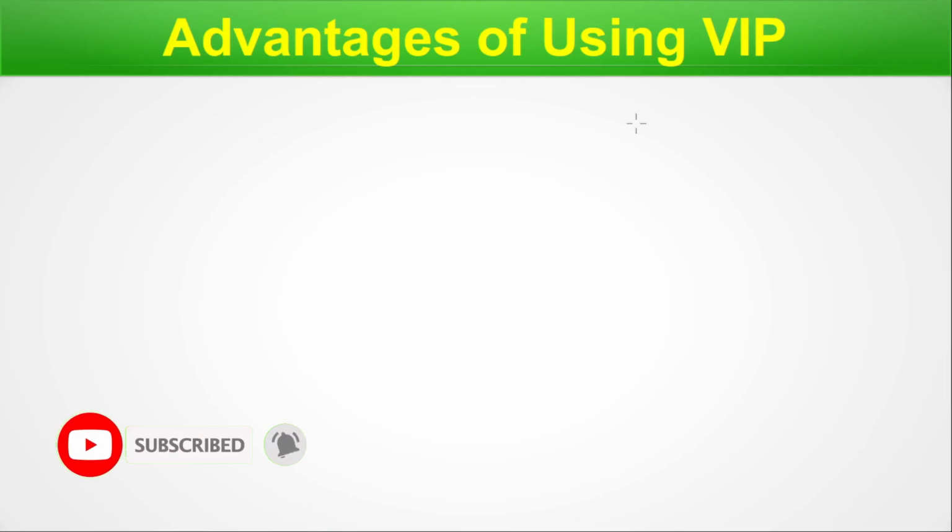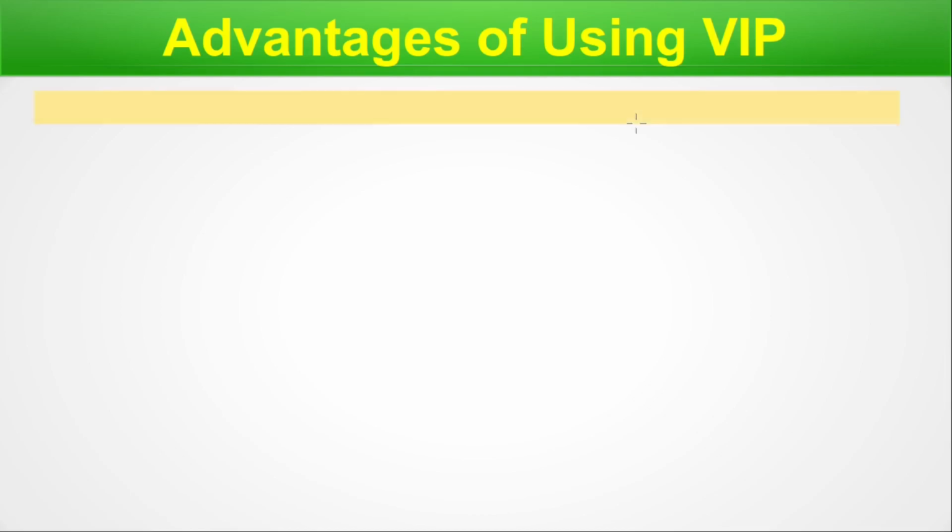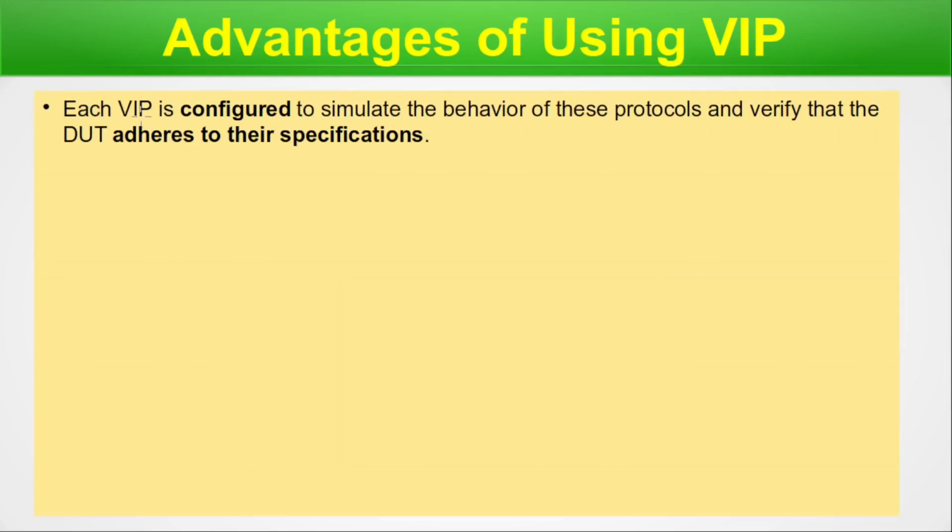Advantages of using VIP. So far we have talked about the verification need and its exhaustiveness as well as about the VIP. Now you will see what advantages come out when you use a VIP for a protocol centric block or IP. Each VIP is configured to simulate the behavior of these protocols so that the DUT adheres to the specification.